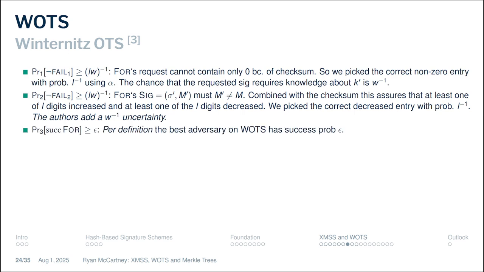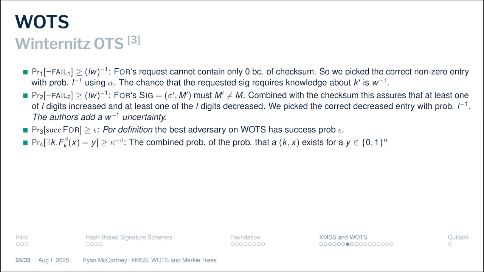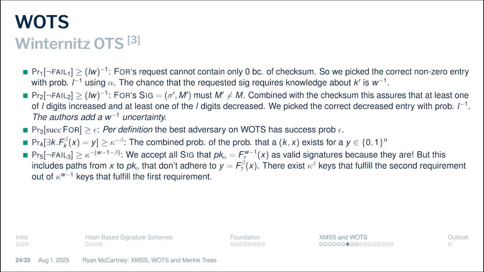Now the forger has a success probability of epsilon per definition. So this is just passing this success probability for a forger. And then there's a kappa to the power of minus beta probability that we actually have a pre-image, or that we can find this key for the key one-wayness query. I talked about this.